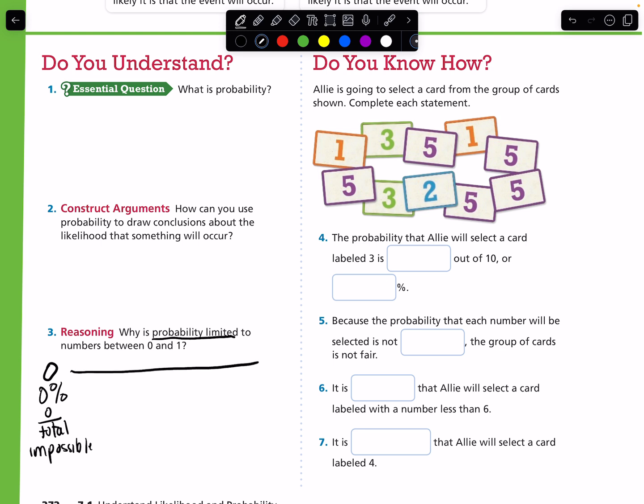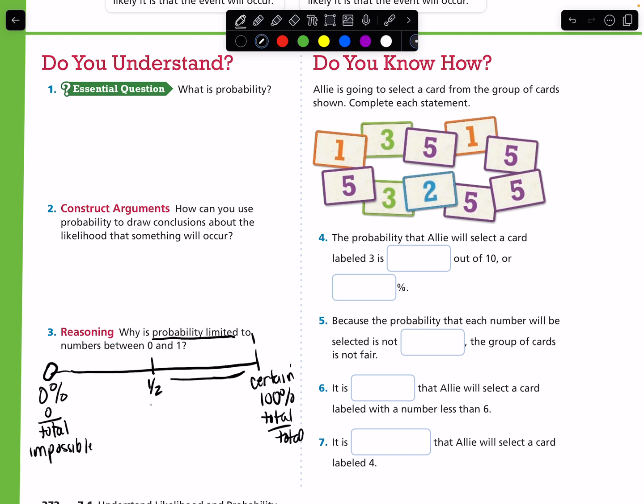And that can go on our line all the way up to 1, which would be certain, because it's 100%, it means that the total is over the total. The middle would be halfway, right? So it means half of the total, and it doesn't have a word.